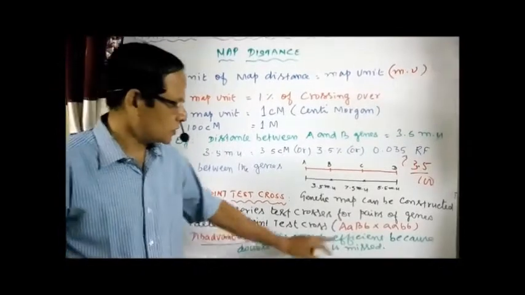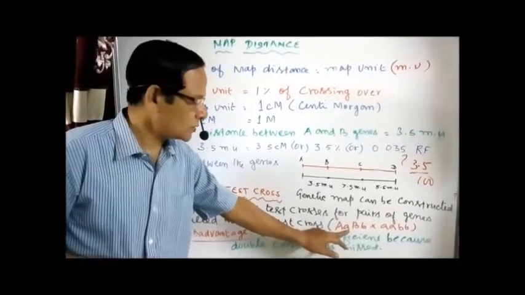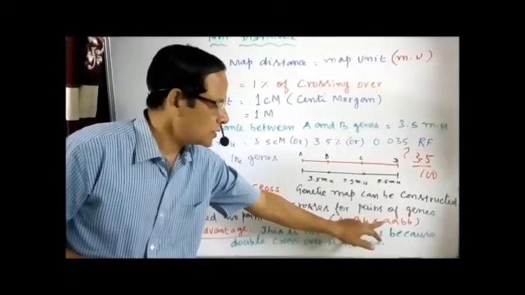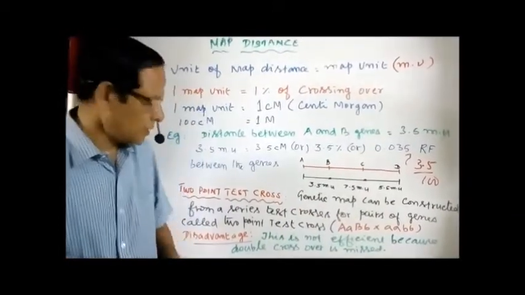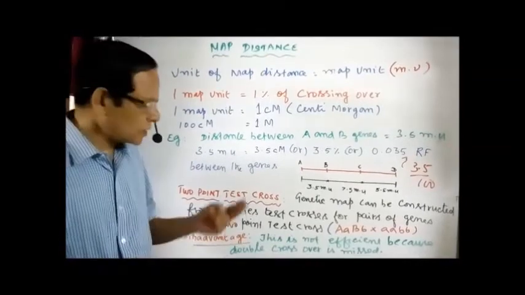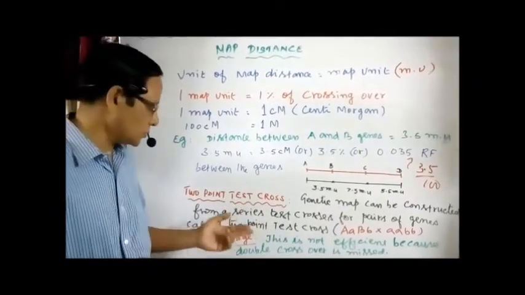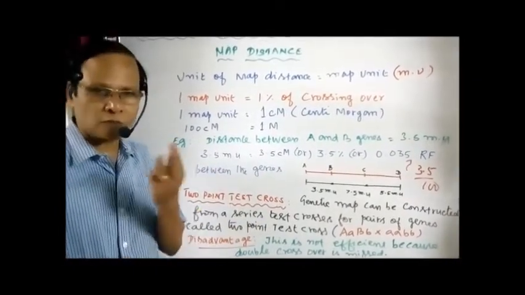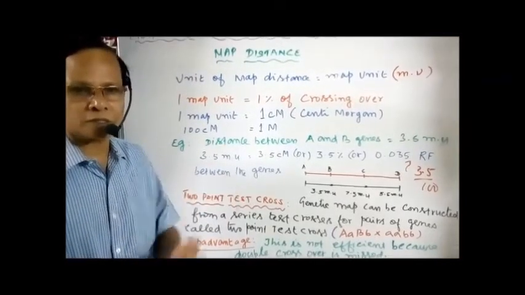The double recessive heterozygote is test crossed with a double recessive homozygote. This is known as a two-point test cross. If we are taking only 2 alleles, it's called a two-point test cross. If we are taking 3 alleles, it's called a three-point test cross.